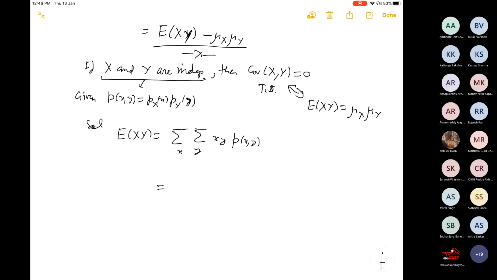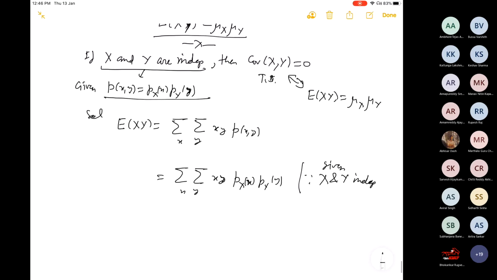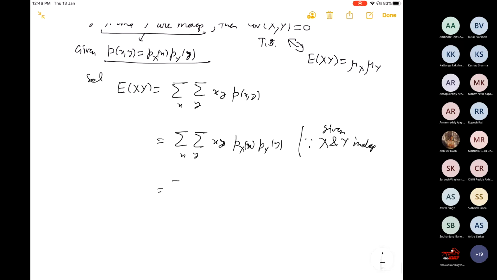But we know it is given that they are independent, so this is p(x) times p(y), because X and Y are independent. So this will be the summation of x p(x) times the summation of y p(y), taking this as common.